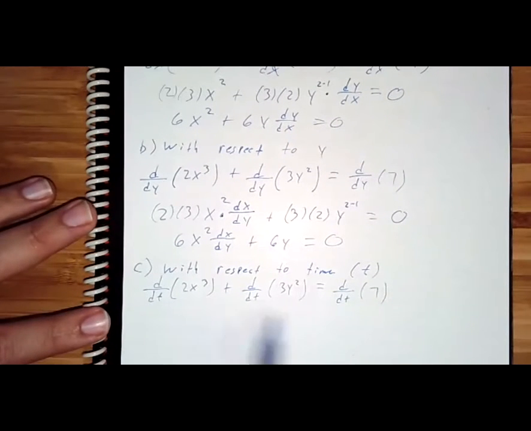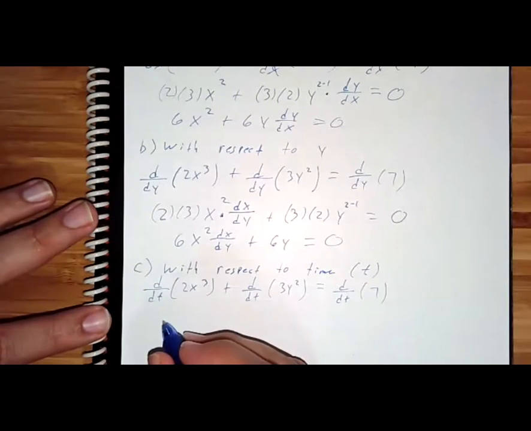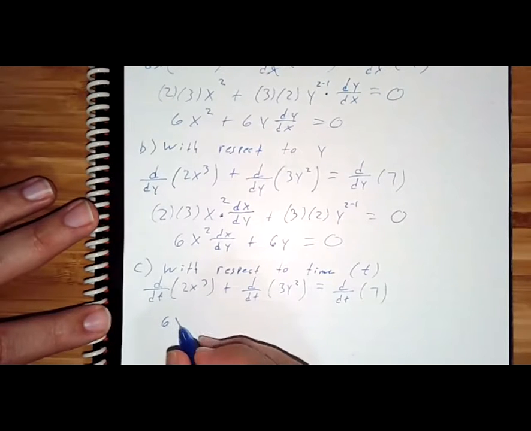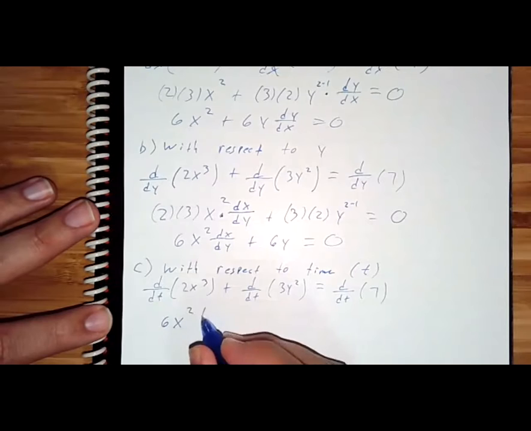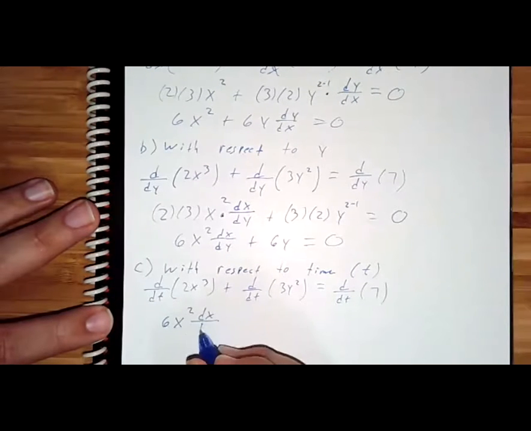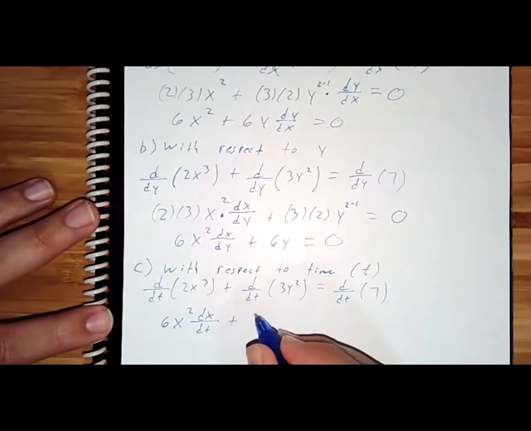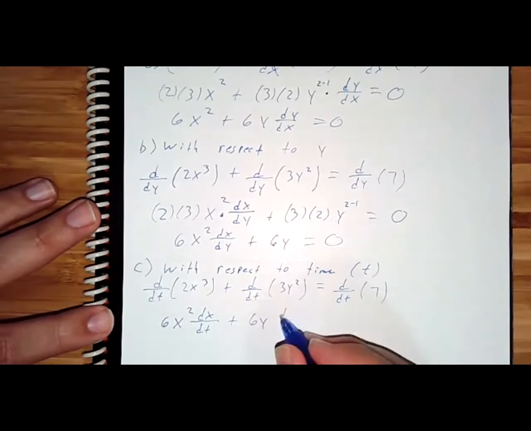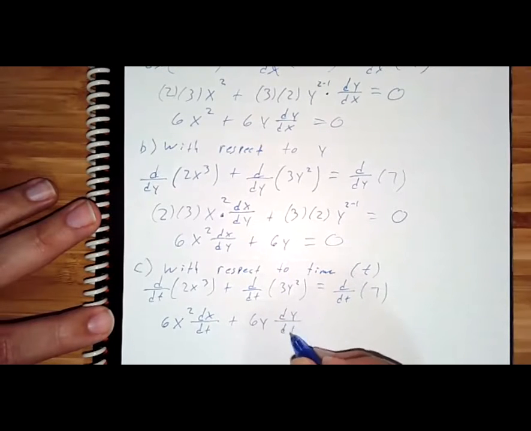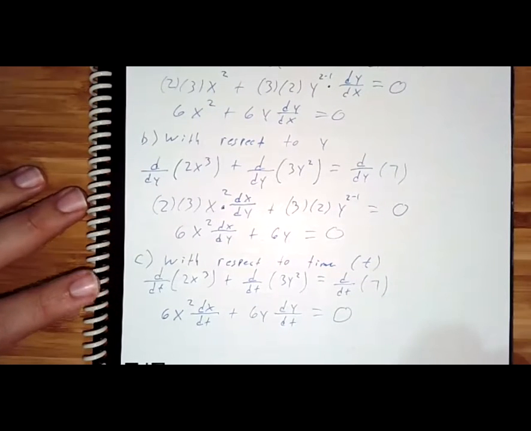So now none of them match. So you're gonna have to do the implicit rule for both of these pieces. So you're gonna have the same power rule. You're gonna get 6x squared dx dt plus 6y dy dt equal to 0. Do you see how it's the same deal, right?